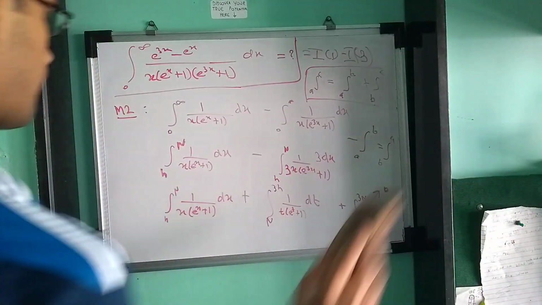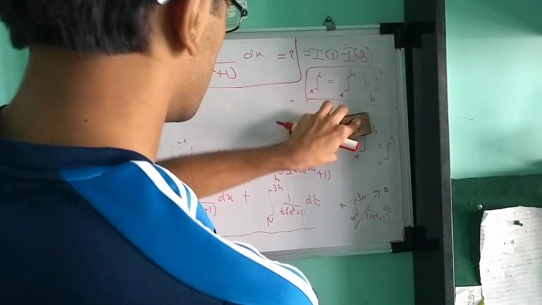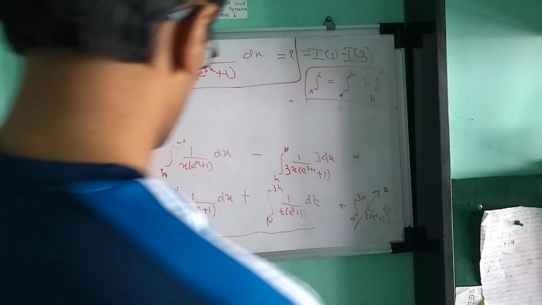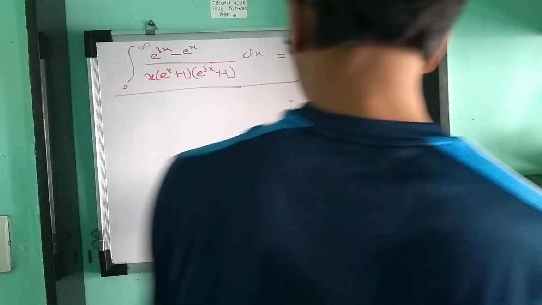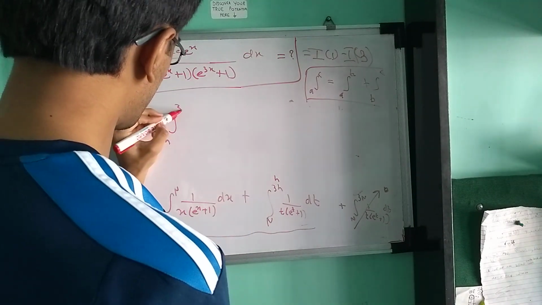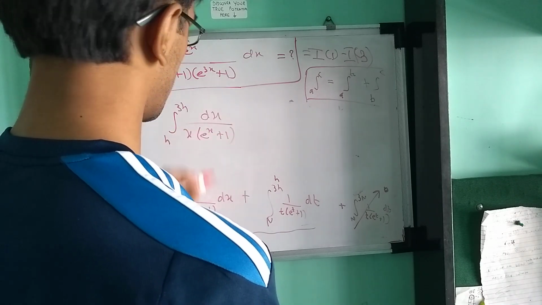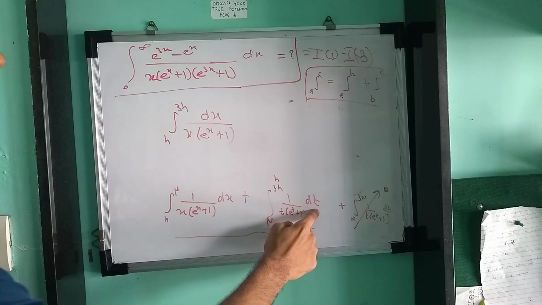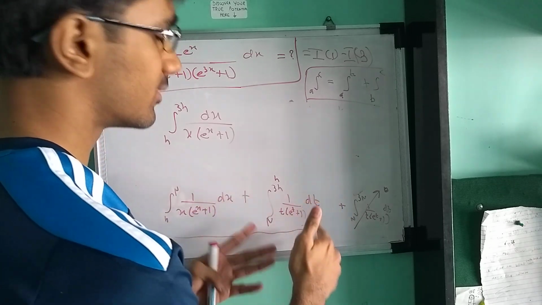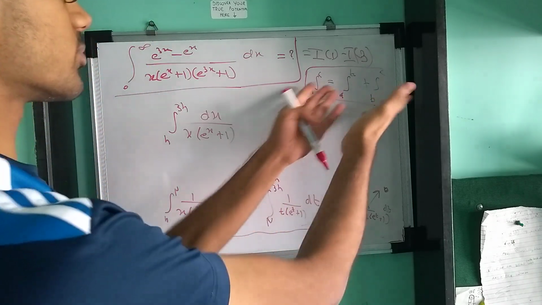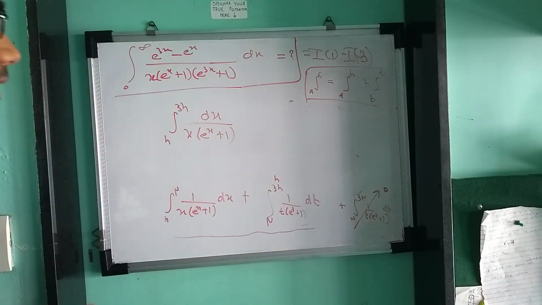I can write this as the integral from h to 3h of dx by x into e to the power x plus 1. Whether it's t here or x here, it doesn't matter, the integral will be the same. So why don't we just replace this with x, to make it more familiar, and use this property. We will get that this sum is equal to this integral.